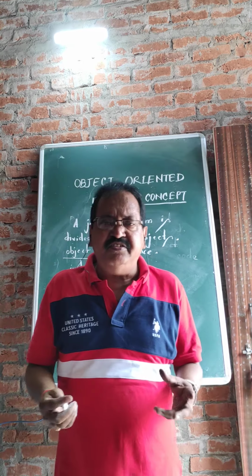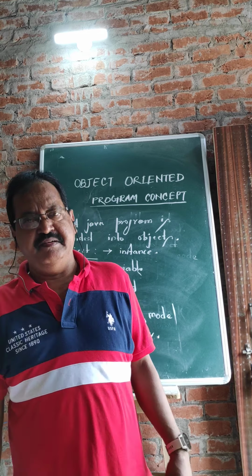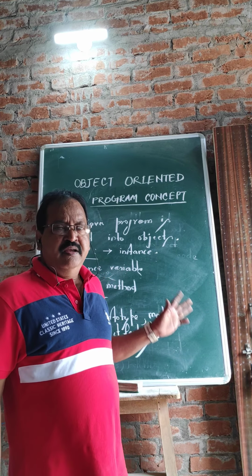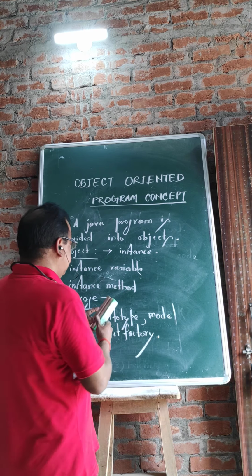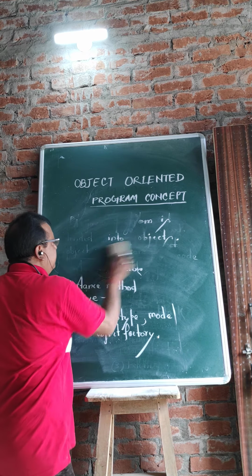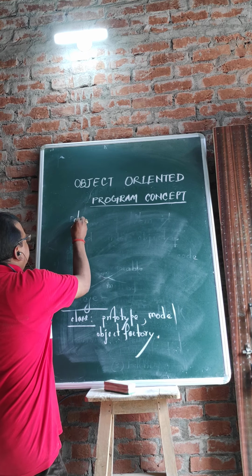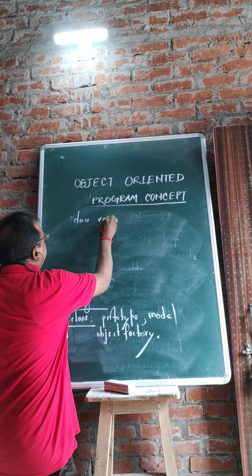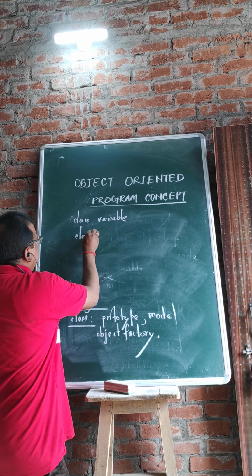Or you can say a class is a collection of similar type of objects or objects of the same kind. Students, a class has class variables and class methods.